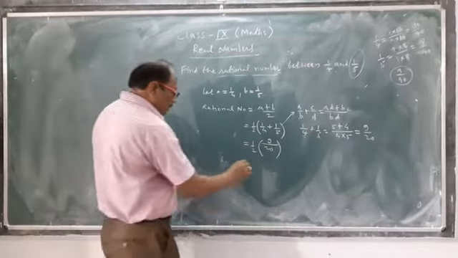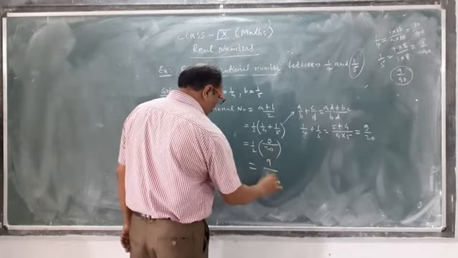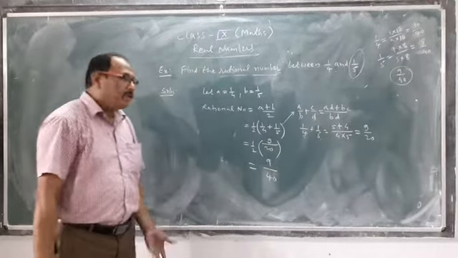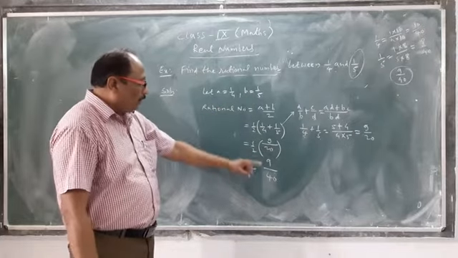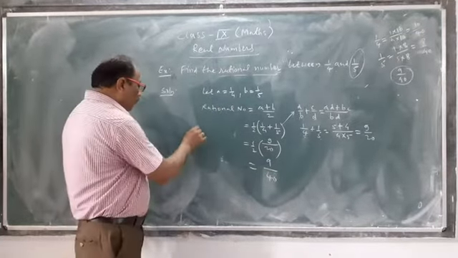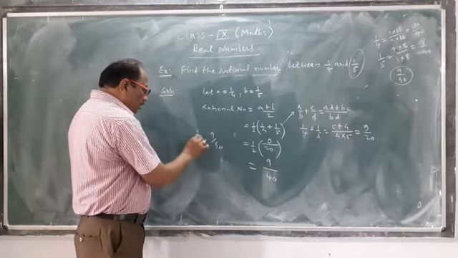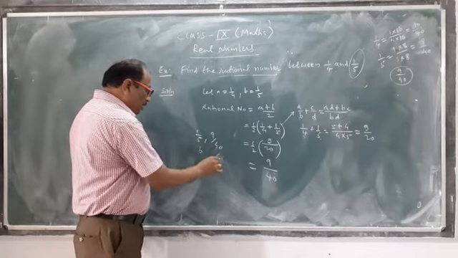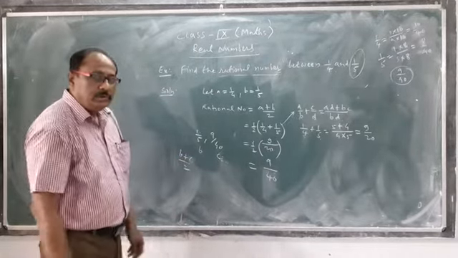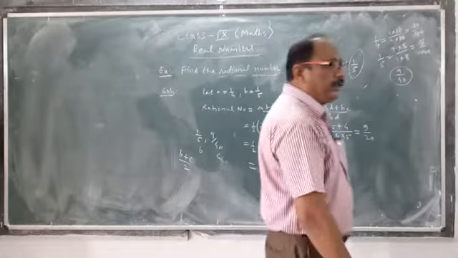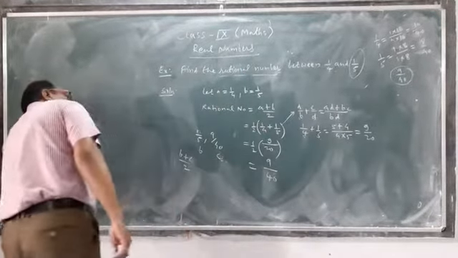Then it is equal to 1 into 9, 9, 2 into 20, that is 9 upon 40. Then a second number also we can find between these two numbers, 1 upon 5 and 9 upon 40. Suppose this is b, this is c, then the third number will be (b plus c) upon 2. Such type of numbers we can find between any two rational numbers.